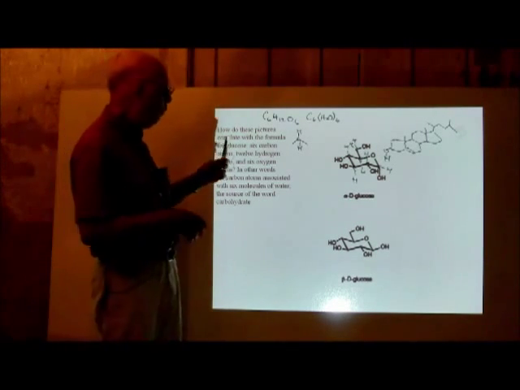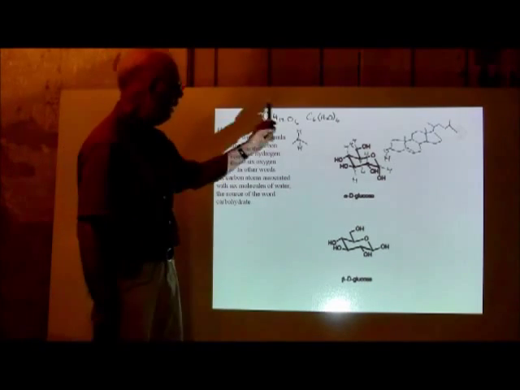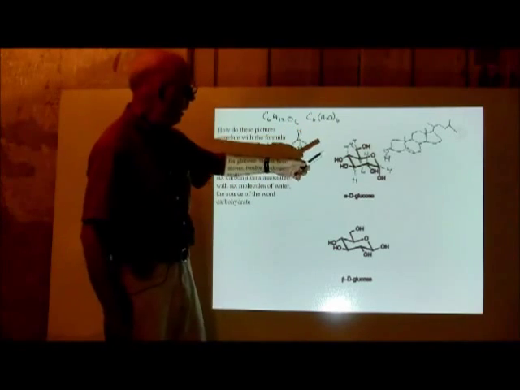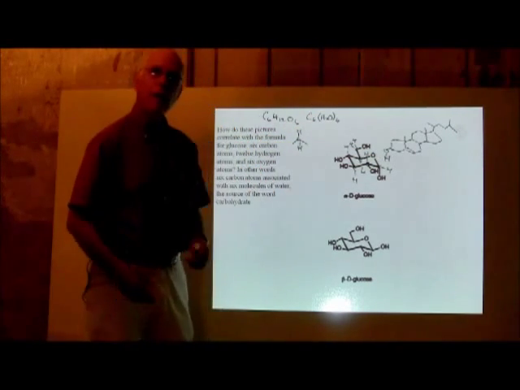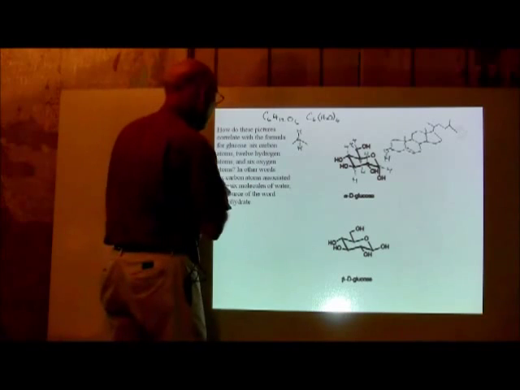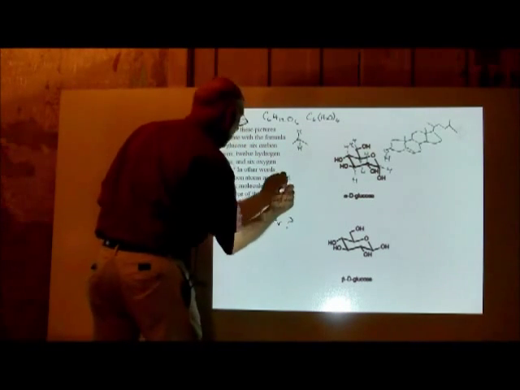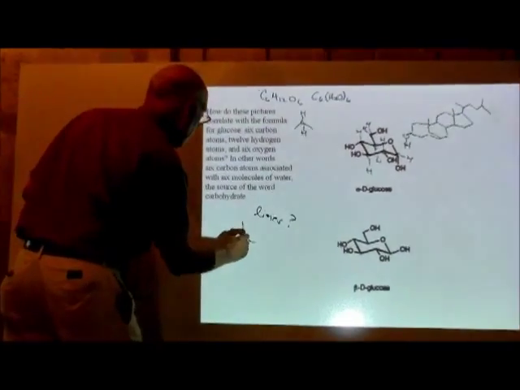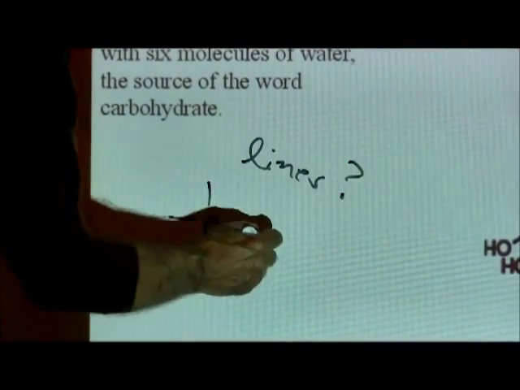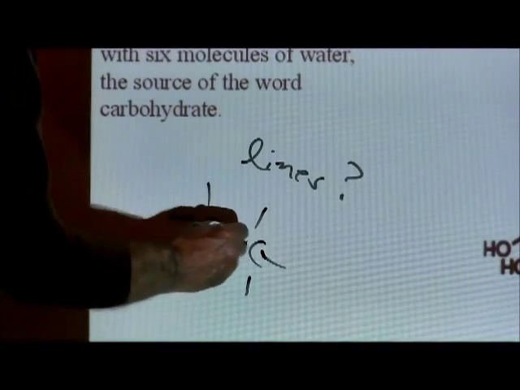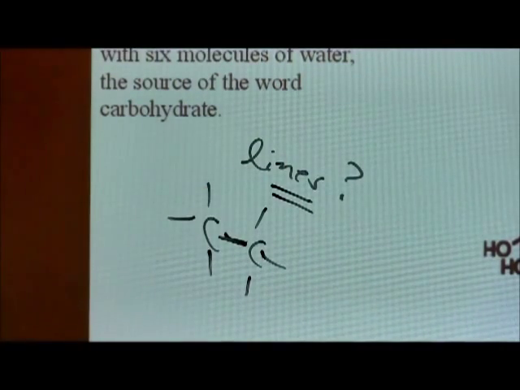But the really important and interesting thing about glucose or about any organic structure, including cholesterol, is what are these lines? That is the question that we want to ask. There are these lines. What are these lines? If we have a carbon with these lines, and maybe you've got another carbon here like that, what are these lines? That's the question that we want to ask.